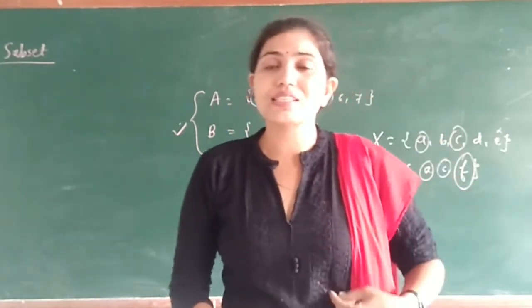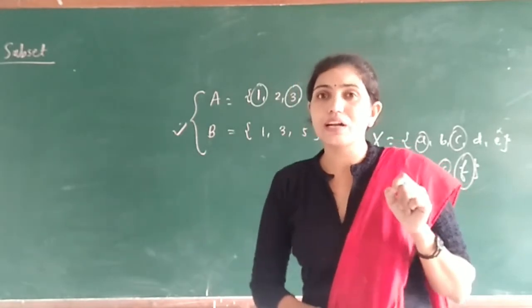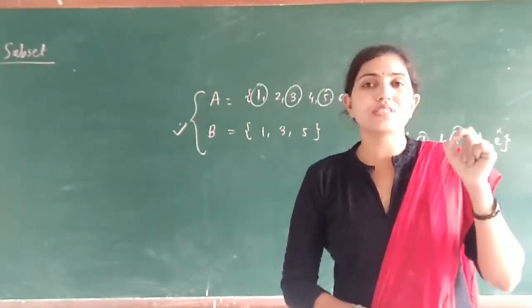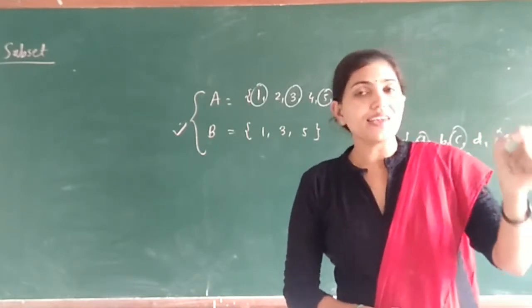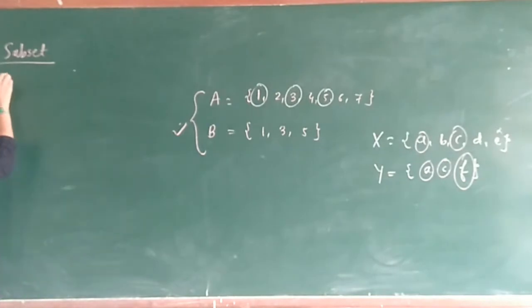So in this case, let me define the definition of the subset, students. So subset का definition क्या होगा? If all the elements of set B are in A. So I am writing the definition here, students.